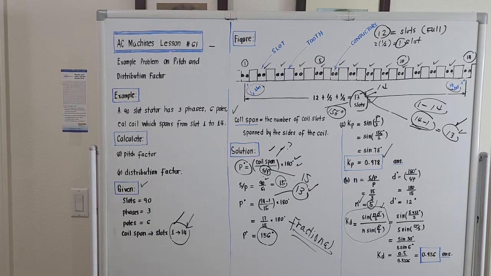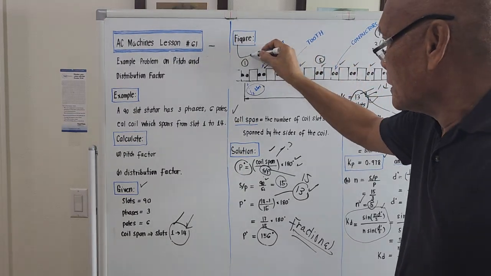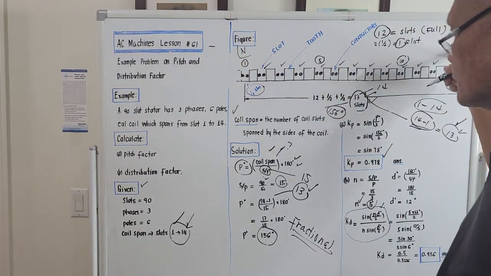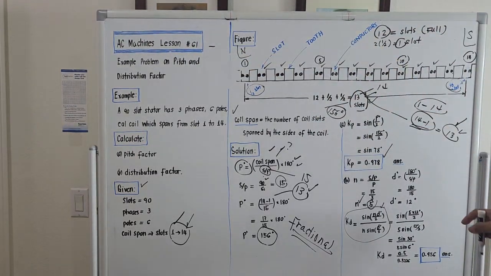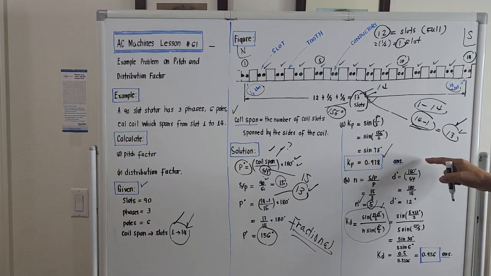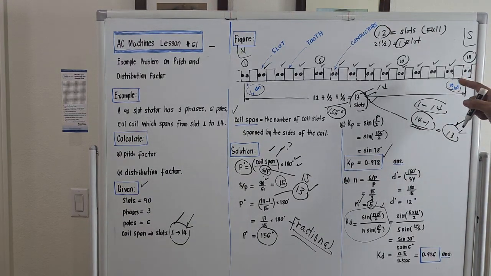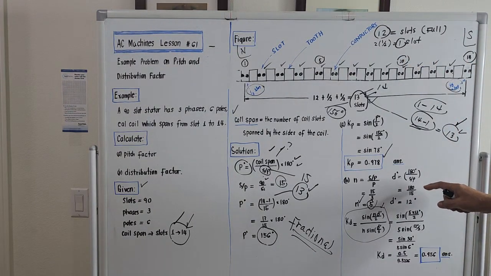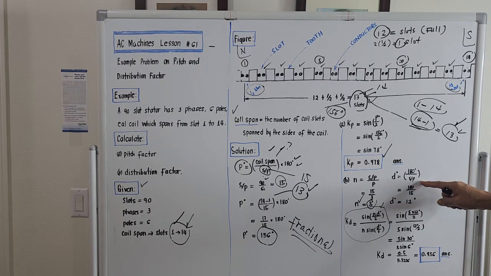And d degree: between a south pole and a north pole, the distance between a north pole and a south pole in a stator is actually 180 degrees. So if we try to compute the total distance between each slot, we just take 180 degrees, that's a full pitch, right?